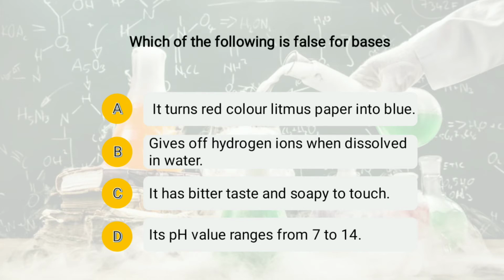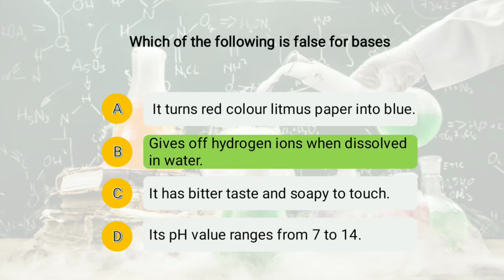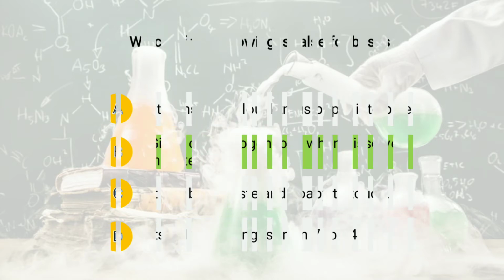The correct answer here is option number B, right? So option number B is incorrect or false about the bases because it gives off hydroxyl ions when dissolved in water and not hydrogen ions. The rest of the statements are correct regarding bases. Okay, moving to the next one.